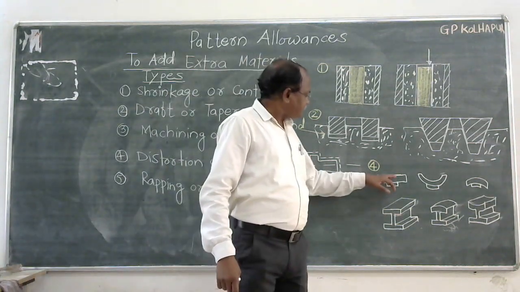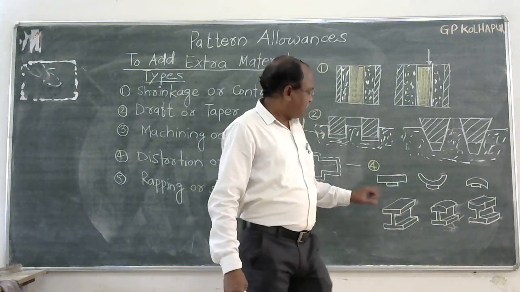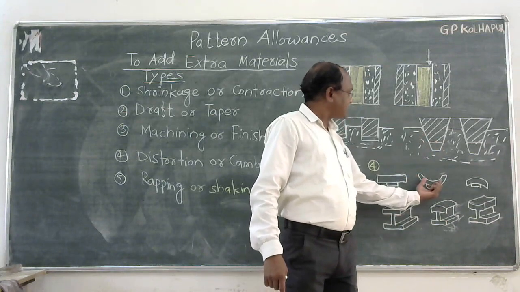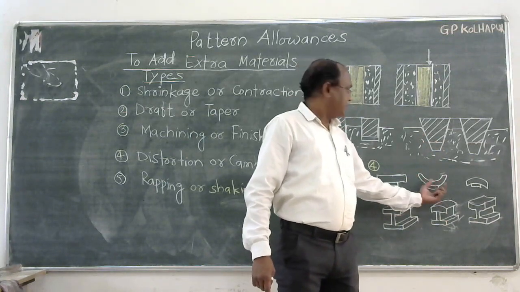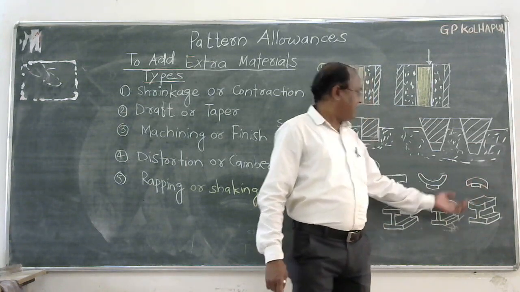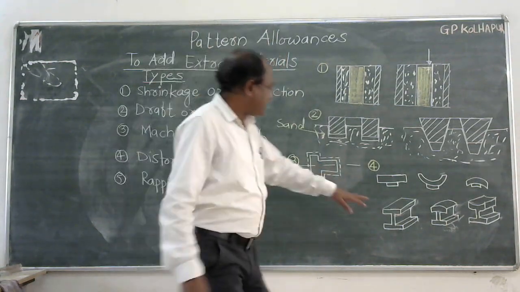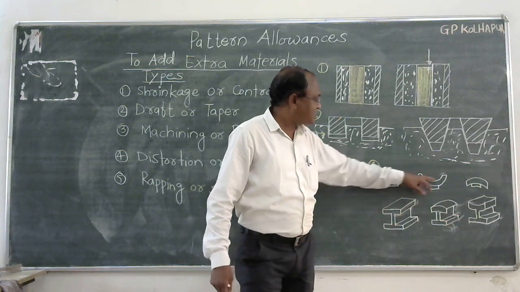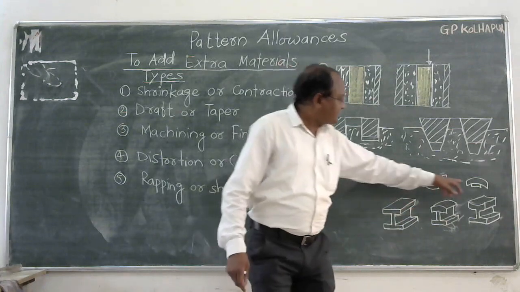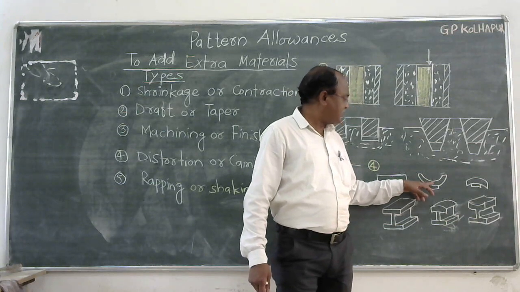And what is distortion? Distortion means I want this particular shape after casting. Once I pour the material, the material will shrink and contract in this fashion. If after pouring and solidification the material changes its shape, it will change like this. This is called camber. So it will distort. Some metals change like this after solidification.